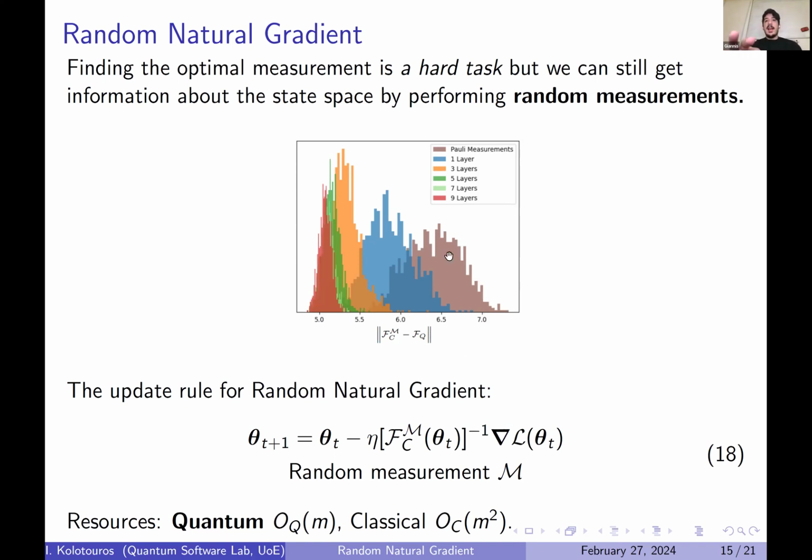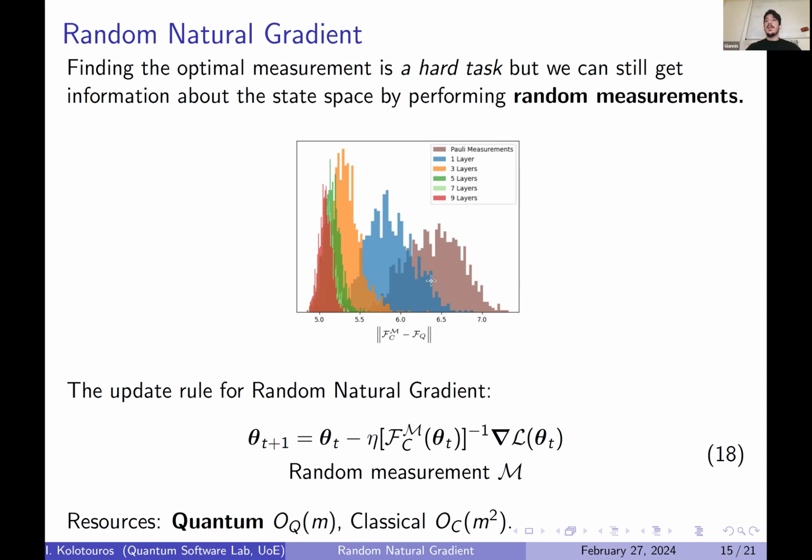Every point here corresponds to a different Pauli measurement. So we have the quantum state that we are at the moment. We performed a Pauli measurement. For example, it could be a measurement on the Z basis, on the X, on the XY, and so on. X on one qubit, Y on the other qubit. And you construct the classical Fisher information matrix for that type of measurement.